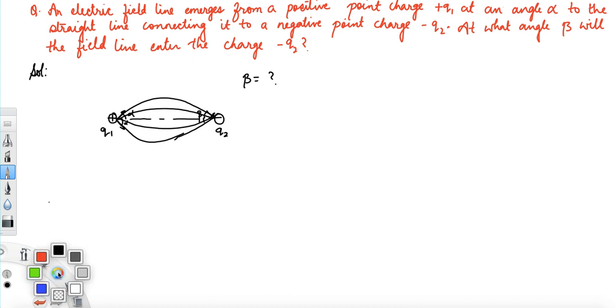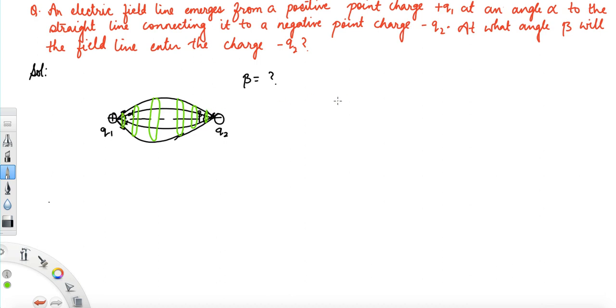So this is our situation, and if we take any cross section here, we can say that electric flux through any cross section is going to remain the same, because the number of electric field lines through all these cross sections will be the same, right? So all these cross sections will be the same.